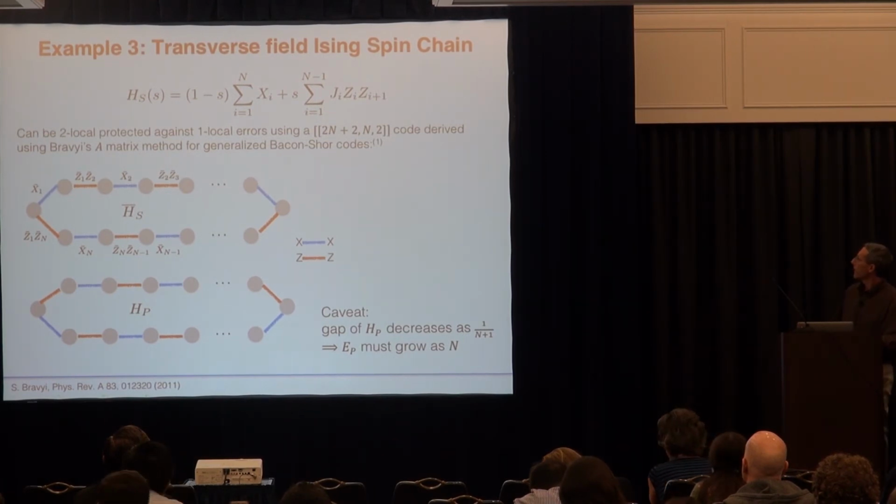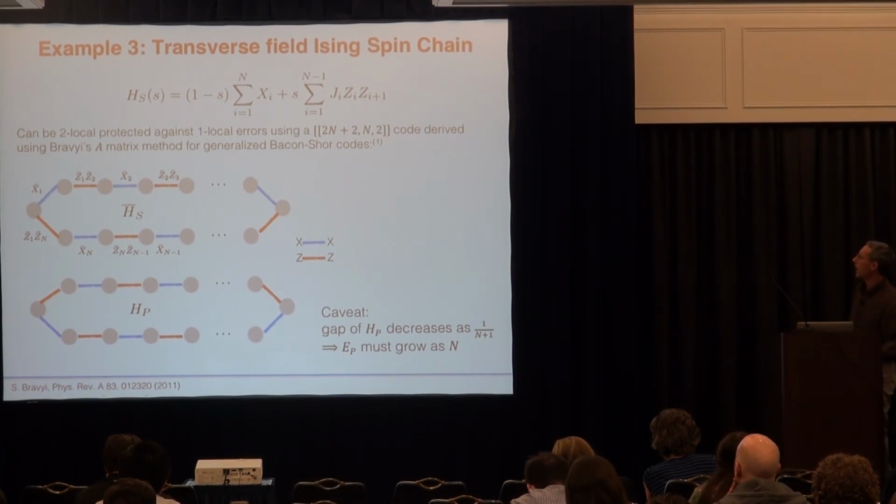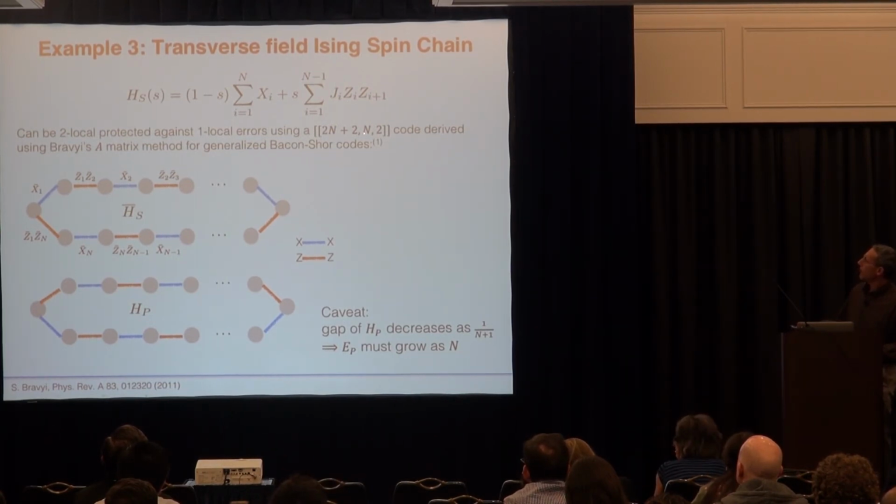So here there's a general N, so we need more general codes, and using a construction by Bravyi for generalized Bacon-Shor codes that we borrowed, we found a 2n plus 2, n, 2 code which does the job. It's fully two local. And here you see the encoded system Hamiltonian.